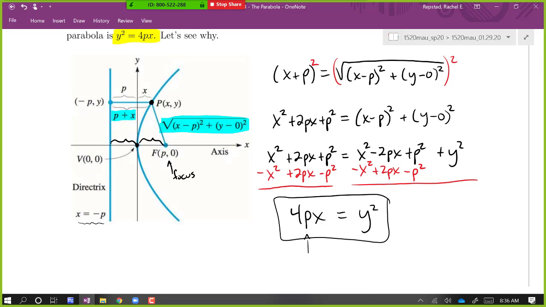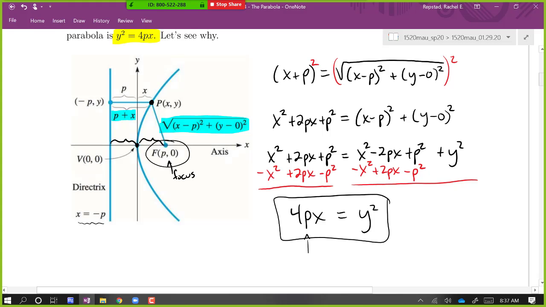So if p is positive, then the focus is over here for a positive x value, and it opens to the right. If p is negative, then the focus would be over here on the negative side, and it would open to the left. A parabola always swallows up the focus and opens away from the directrix.